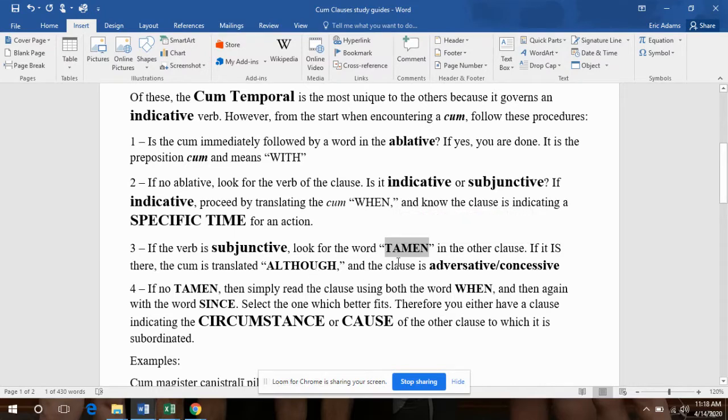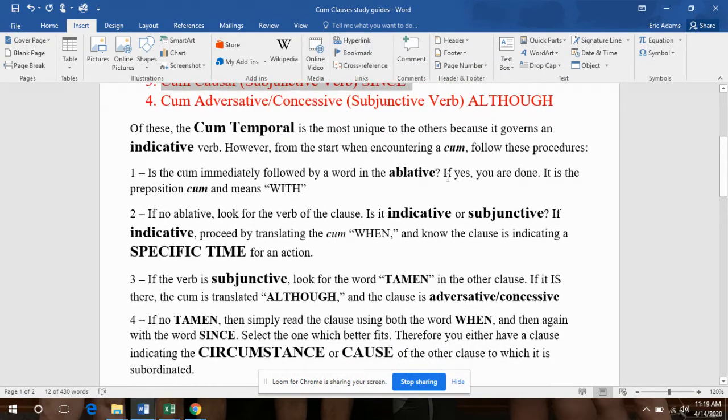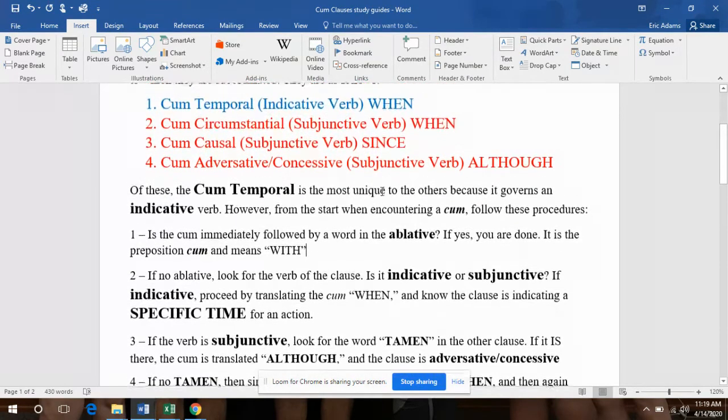So let's say that you've now gone through the steps. There's not an ablative, you do have a subjunctive, there is not a tamen. That leaves you with only two possibilities: the cum circumstantial, when, or the cum causal, since. What you have to do at that point is translate the clause with when, and then go back and translate it again with since, and, pardon the pun, see which one makes more sense.